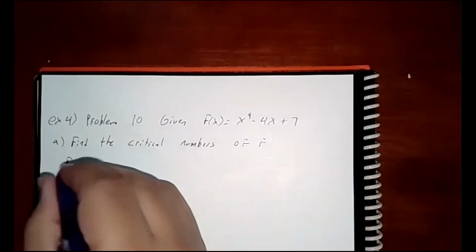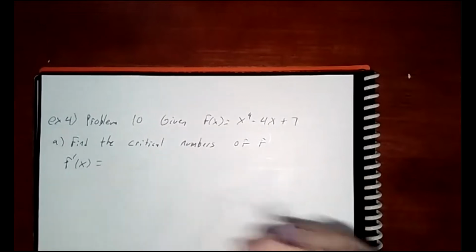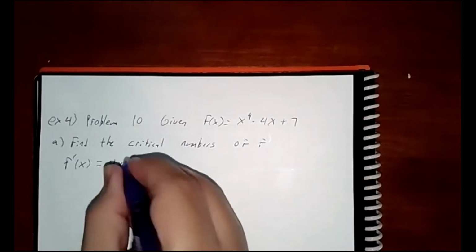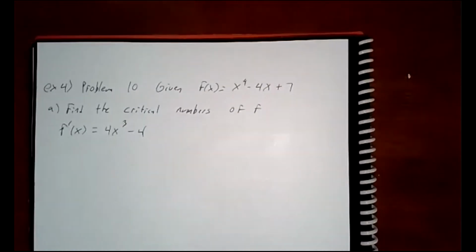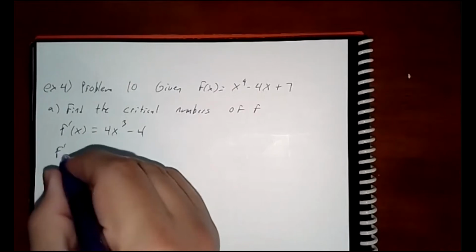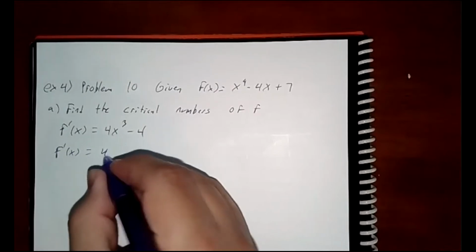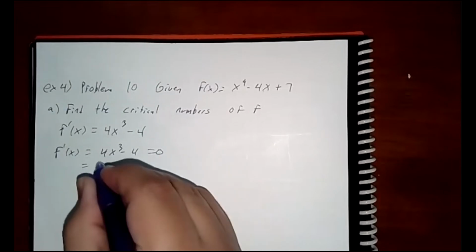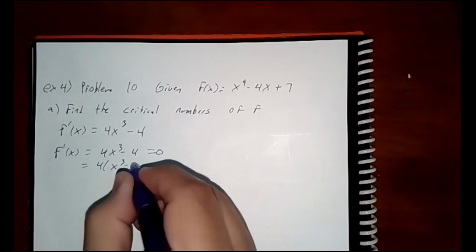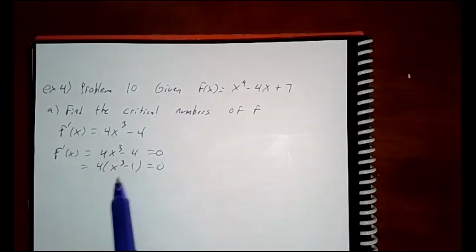So remember, that means find the derivative and set it to 0. This will be a simple power rule, right? Set this to 0, which will require some factoring. Do you see how this is a difference of cubes?